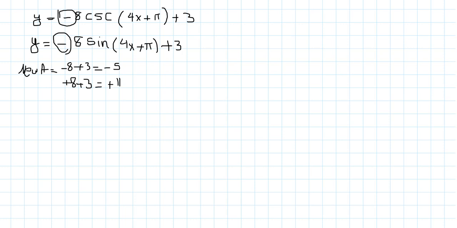Now go to the next part, the period. In sine and cosine I say 2 pi over 4, which is pi over 2. It is my period. I know in sine and cosine I should make the bracket equal 0. So I say 4x plus pi equals 0, then x is minus pi over 4.